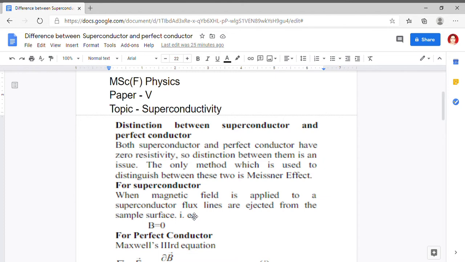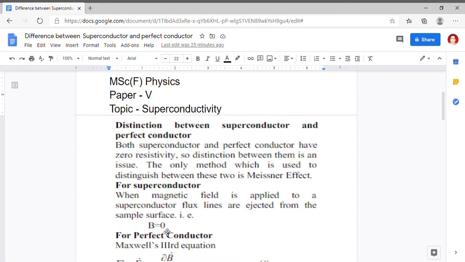On placing a superconductor inside a magnetic field, it is observed that the flux lines are not able to penetrate inside the superconductor. They are ejected outside the superconductor. That means inside the superconductor, magnetic field B is 0. This is termed as Meissner effect.